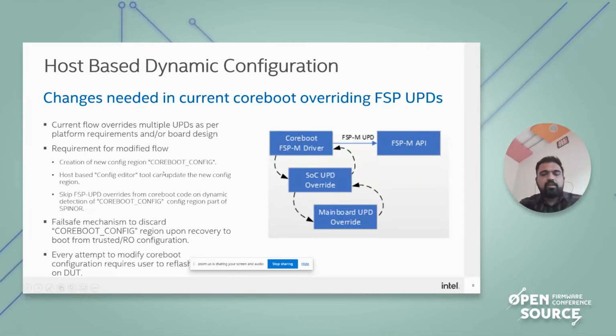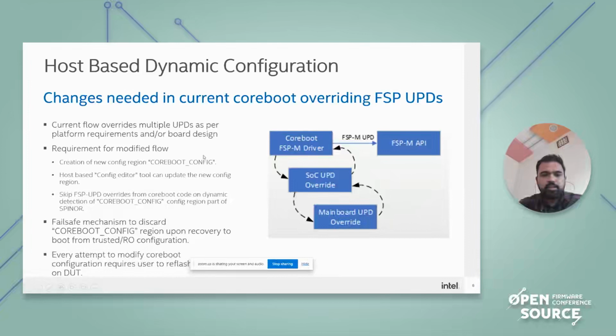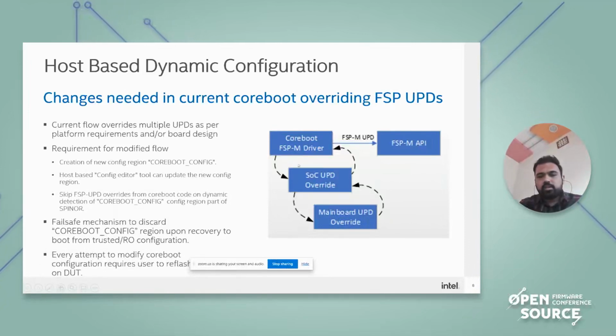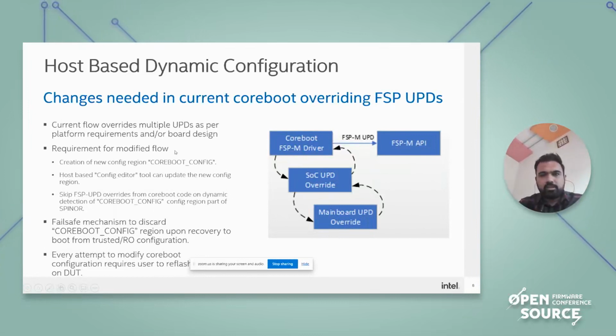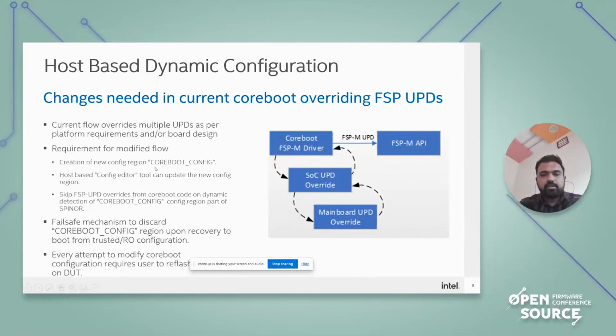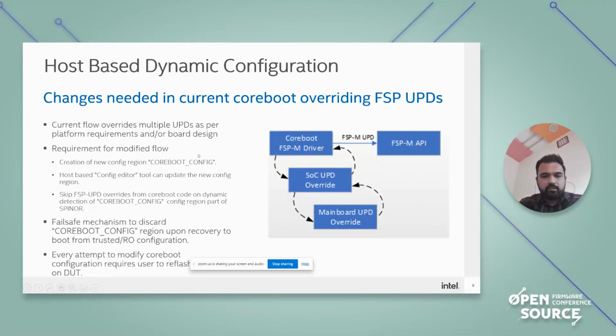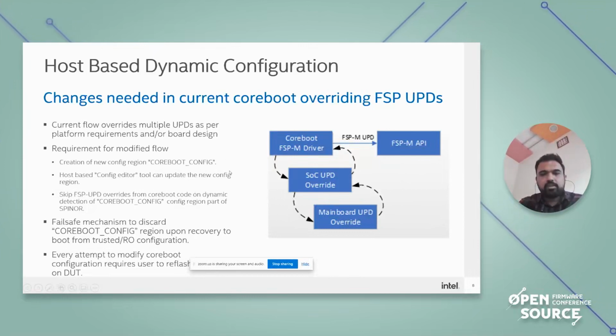Our config editor tool will only parse this region. And third, we need to skip this override and take the values from the config region, so that it is always the value which the user has modified and not from the code override. So this is what we are proposing, and we will also see the detailed flow in the next slide.